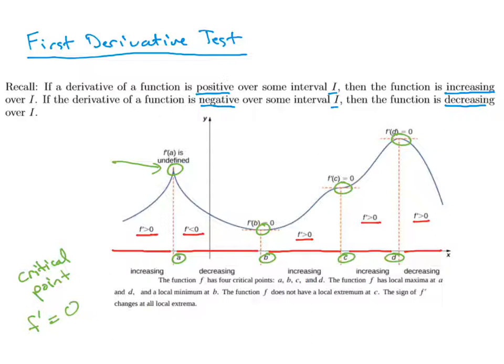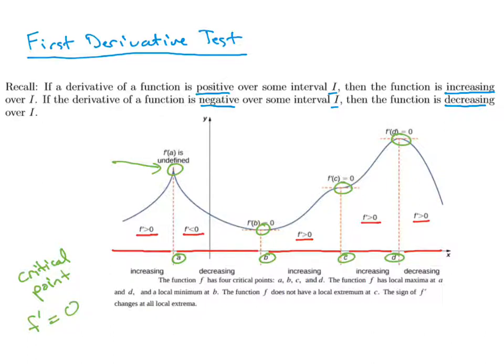What we can have at a critical point is kind of two situations. I guess three situations. We can have the derivative change from positive to negative. We can have the derivative change from negative to positive at the point. And then the derivative of the function can be undefined.